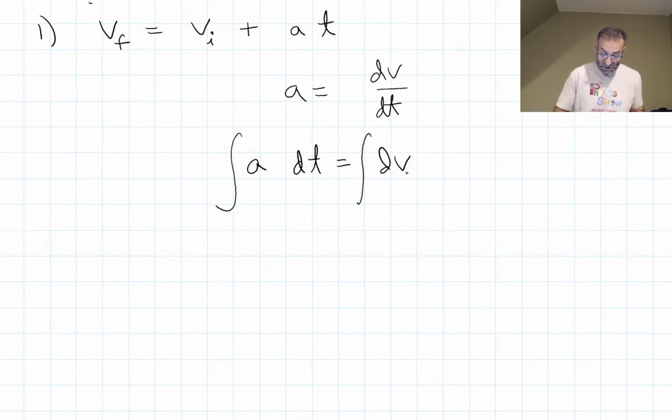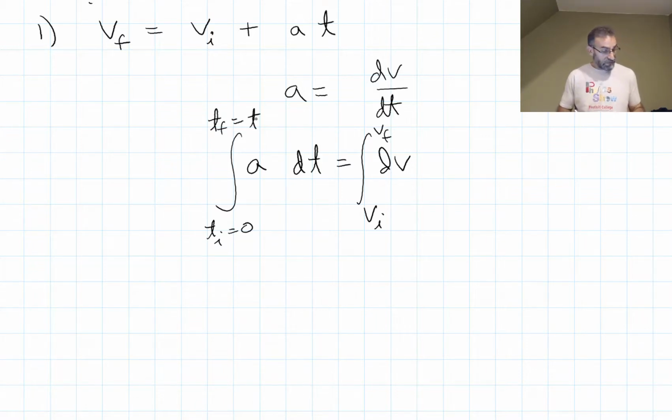We're going to integrate on the right side with respect to v, from v initial to v final. And on the left side, we're integrating with respect to time, from t initial, which is just 0, to t final, which we're just calling t.